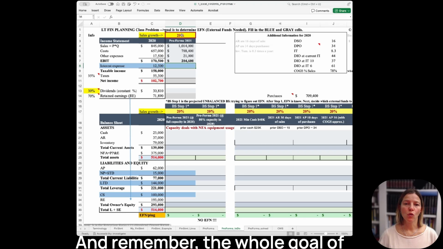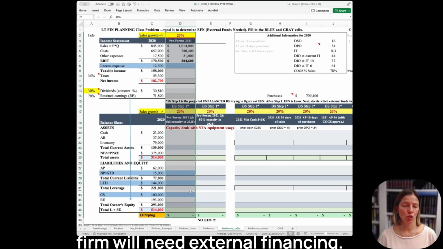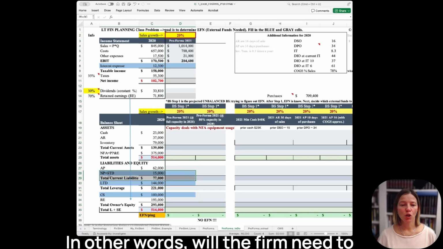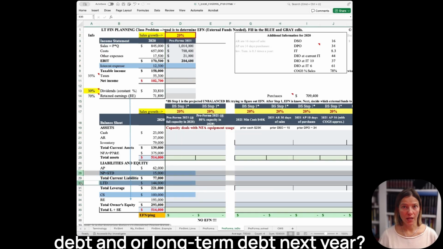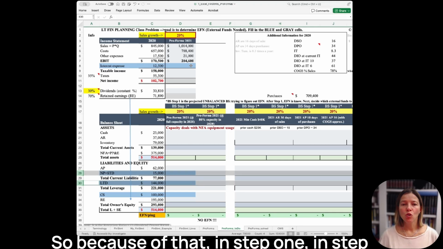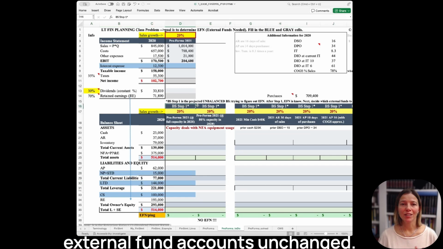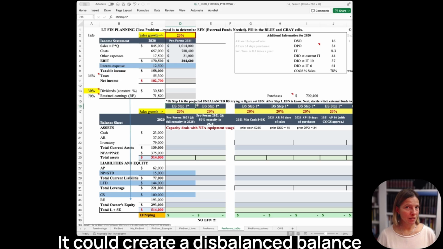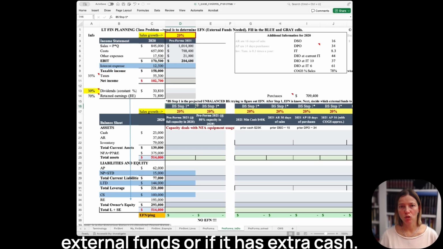And remember, the whole goal of us creating this next year pro forma is to understand whether the firm will need external financing. In other words, will the firm need to borrow money through short-term debt and or long-term debt next year? They need to prepare before they go and talk to their banker. So because of that, in step one of pro forma statements, we keep external fund accounts unchanged. It could create a disbalanced balance sheet just for a while to help us understand whether a firm needs external funds or if it has extra cash.